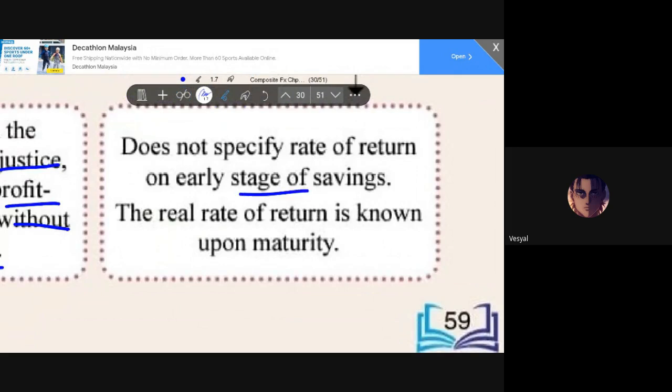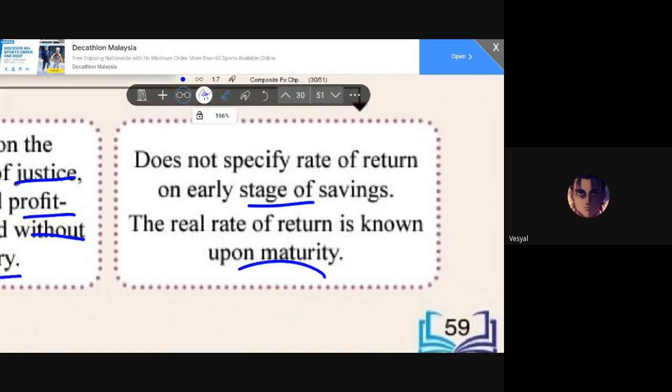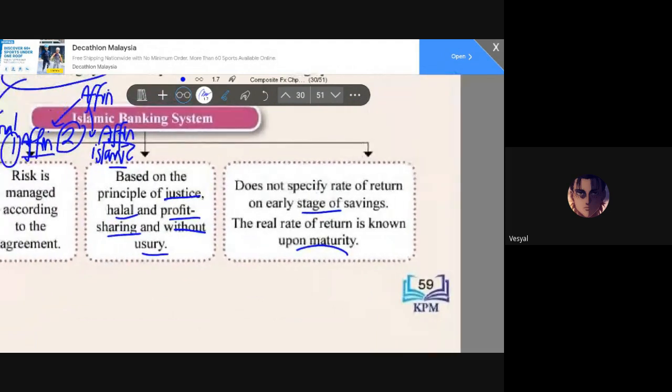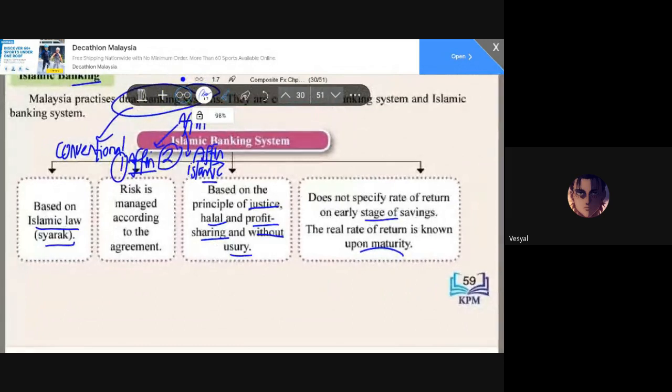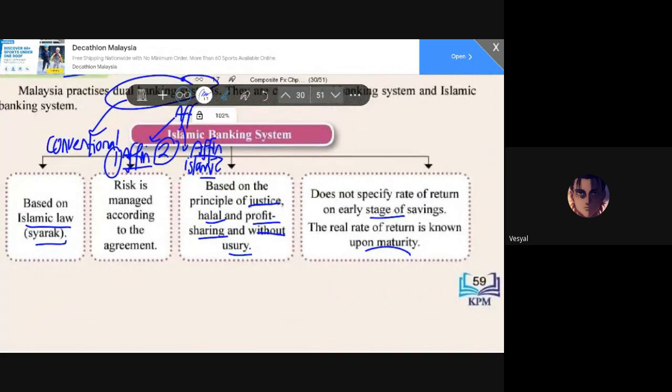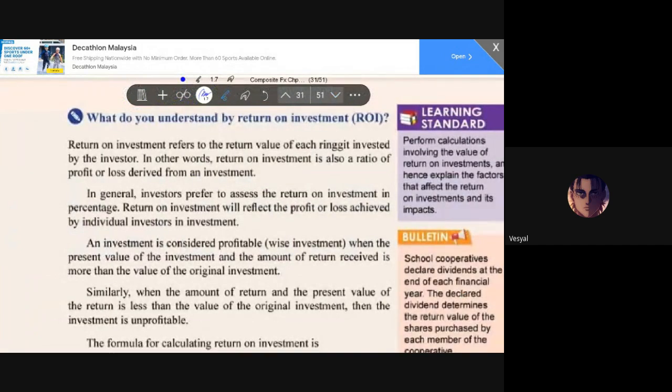The real rate of return is known upon maturity. So yeah, these are a few characteristics only. I don't think it's that important for you at this point. But just in case, just read these characteristics. Nothing much to explain from here actually. Unless I own an Islamic bank and I can tell you more. So nothing much actually. Don't worry about it. So next one.